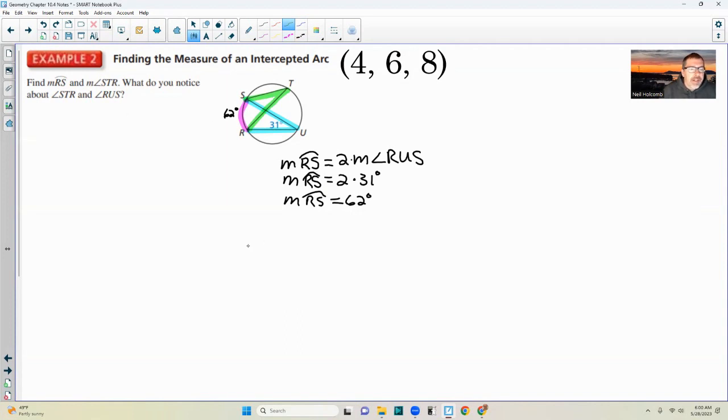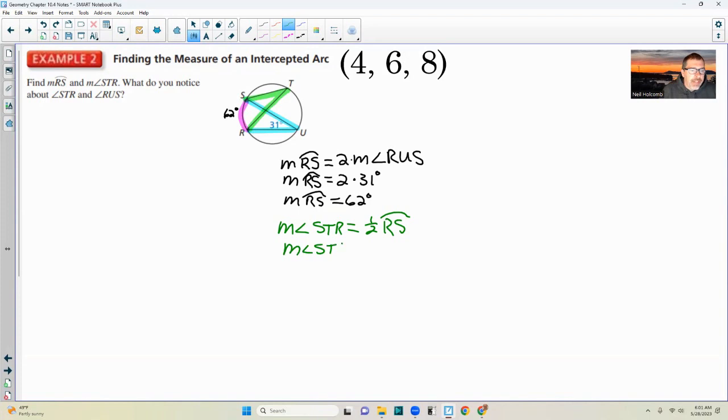Now I'm going to say the measure of angle STR equals, well, angle STR is an inscribed angle. So it's 1/2 the intercepted arc, which is also RS. So now I know that STR is half of RS. And then I substitute in my givens.